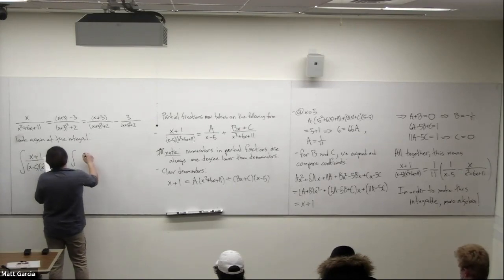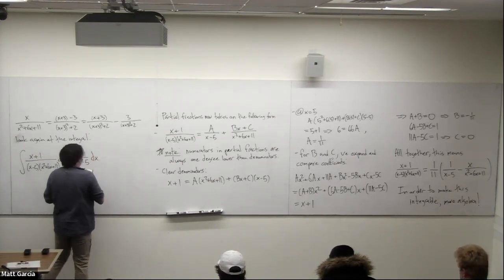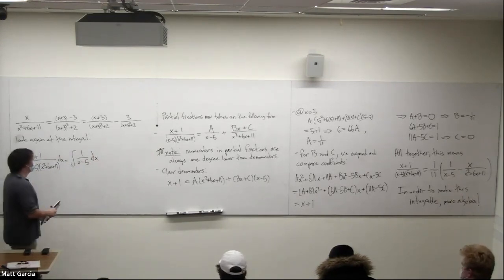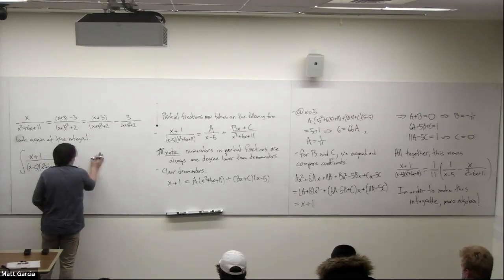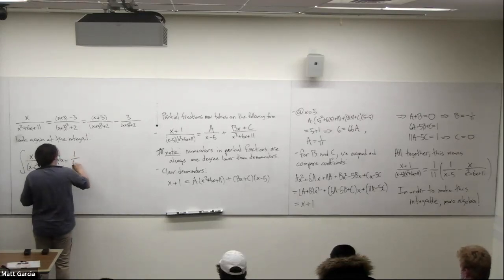the integral of 1 over x minus 5 dx. Oh, I'm sorry, I forgot my 1/11 up front. That's what was confusing me in my notes.